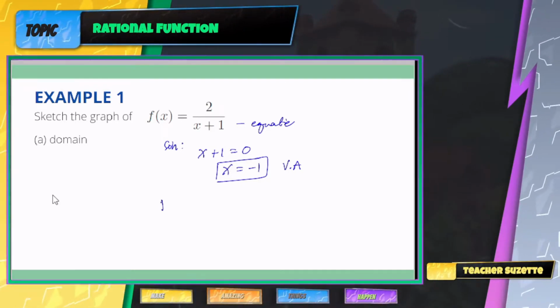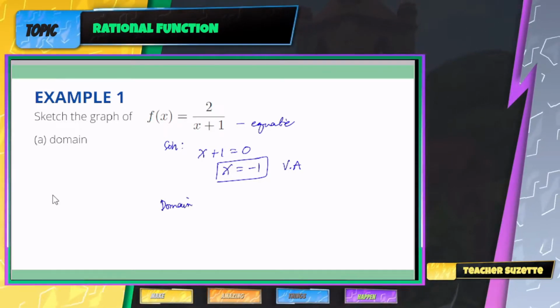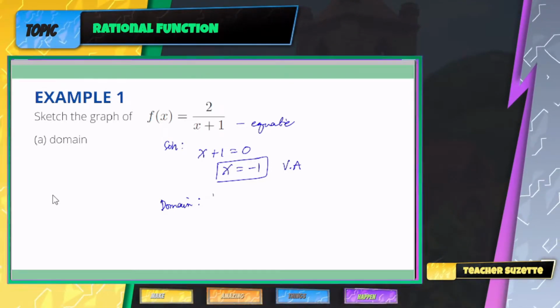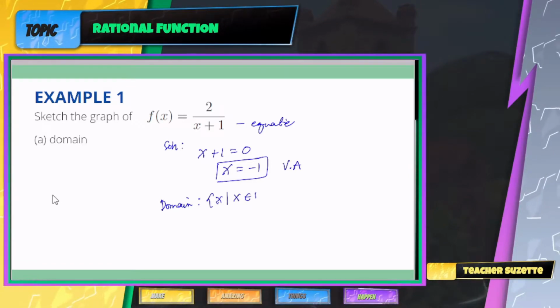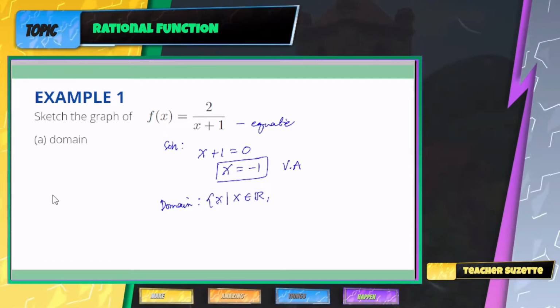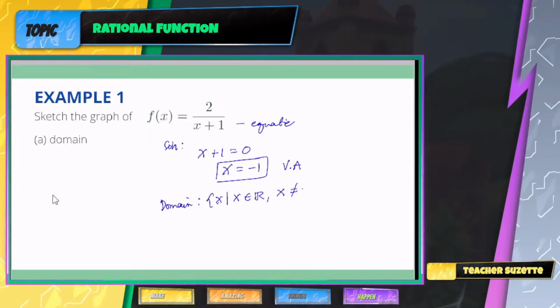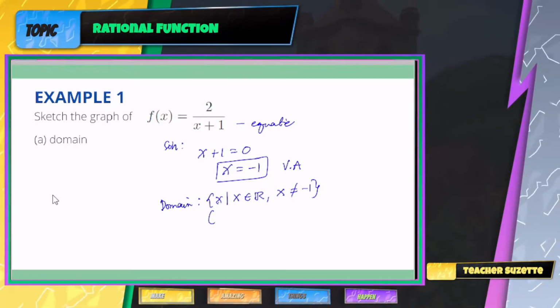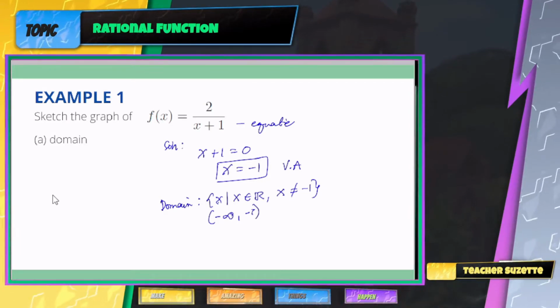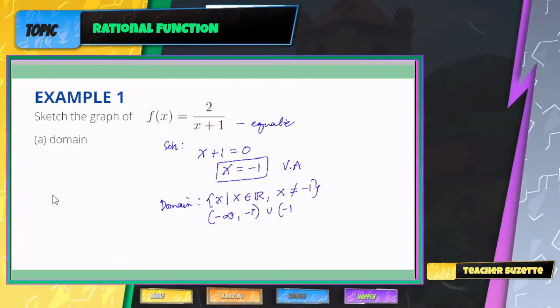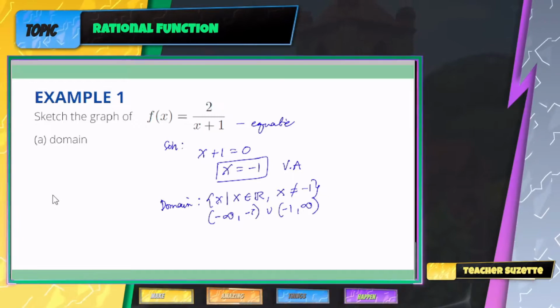Then, from here, you can now write your domain as x such that x is an element of a real number where x is not equal to negative 1. Or in interval notation, that is negative infinity, negative 1, union of negative 1, positive infinity.